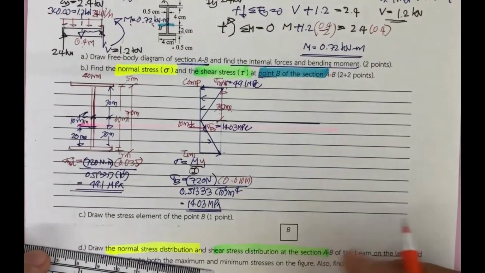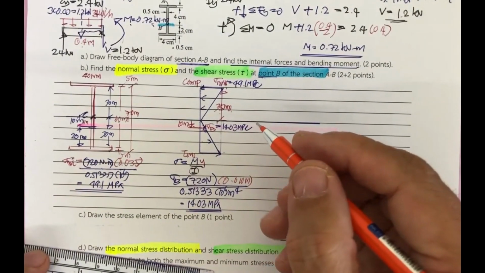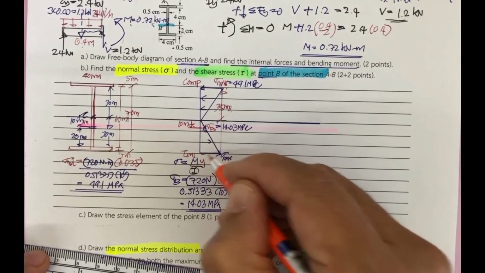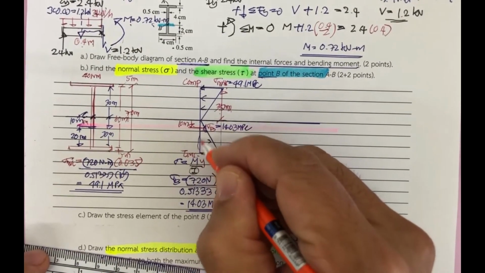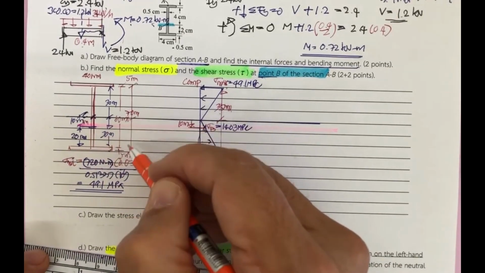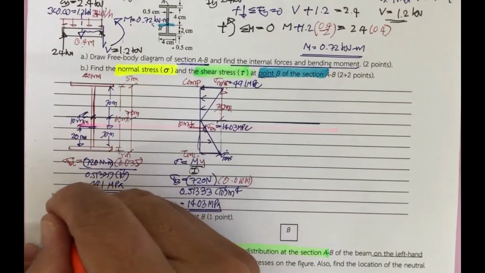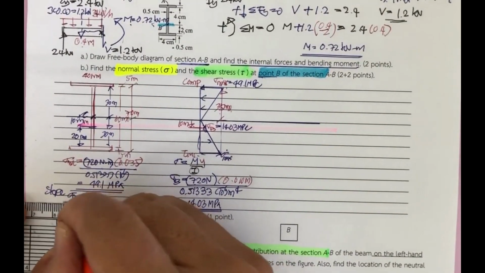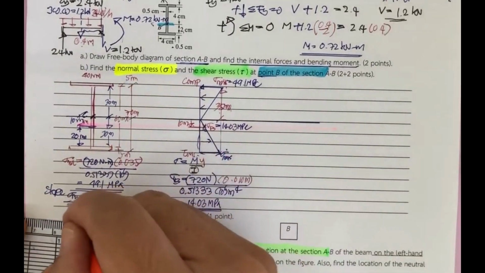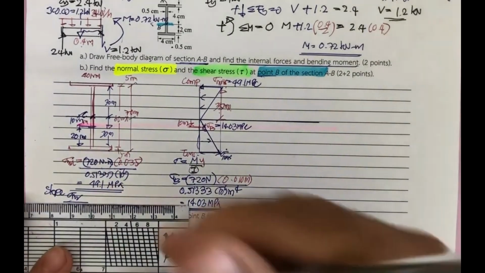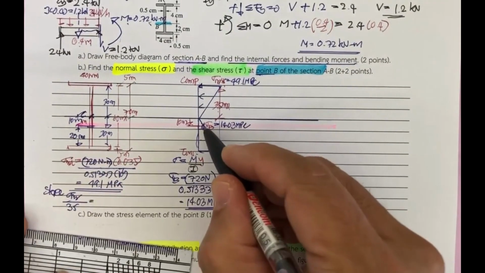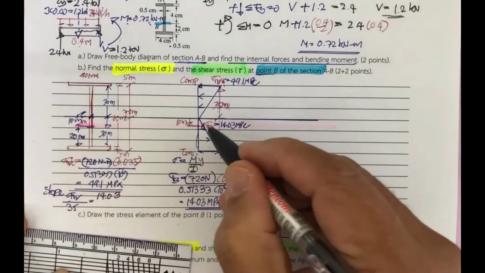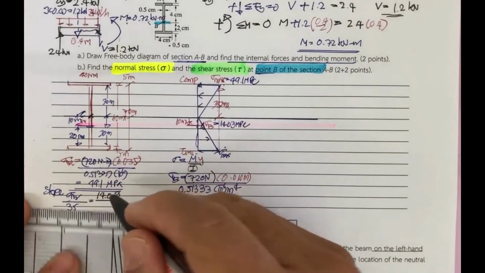Or if you prefer, you may use the triangle, since you are looking for sigma max here. You can see sigma max divided by this length, divided by half of this. So by using the slope, you will have sigma max divided by 35 equal to sigma sub b, which is 14.03, divided by 10.